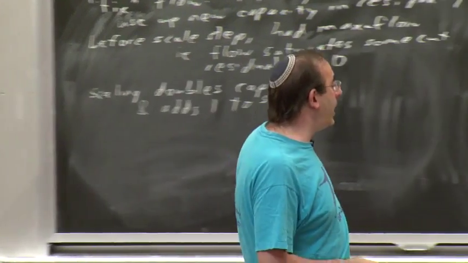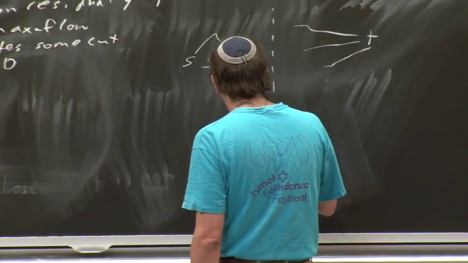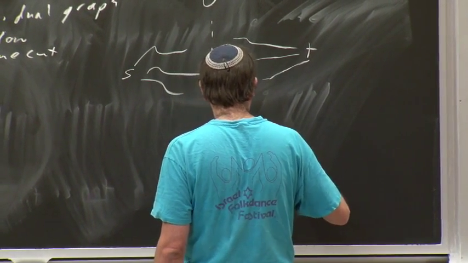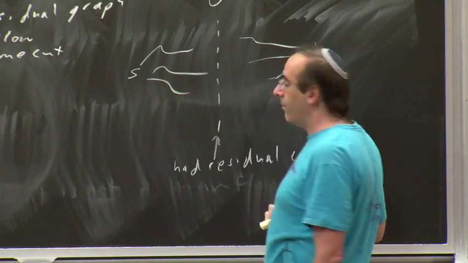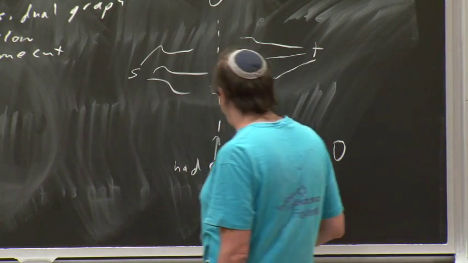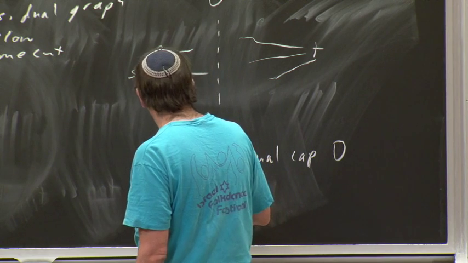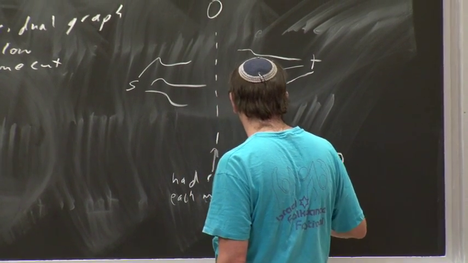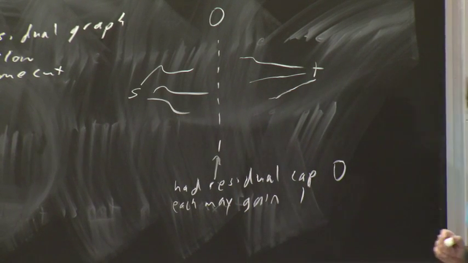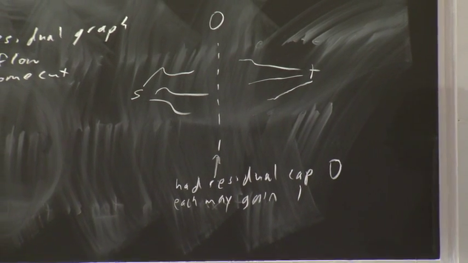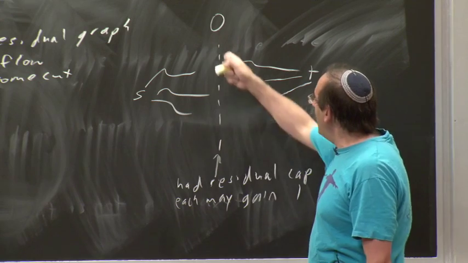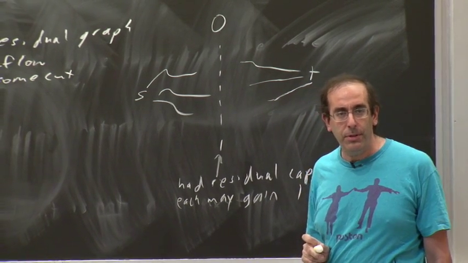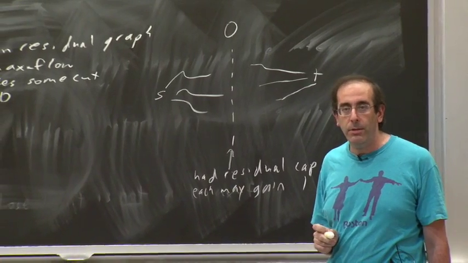Right. So that's the key, these edges had residual capacity 0. So when we double it, it's still 0. But then each may gain 1 from the new bit that gets shifted in. Okay? So each edge crossing this cut has capacity at most 1 after the shift. What does that tell us about the residual flow?